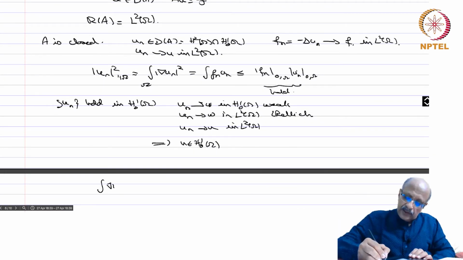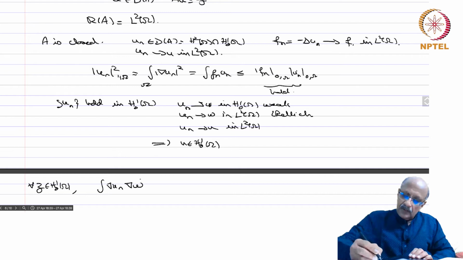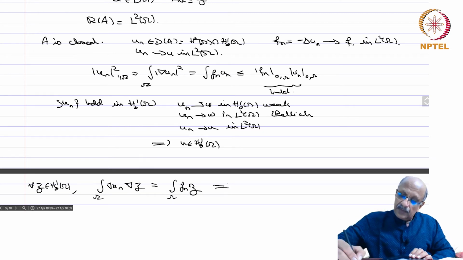Now the integral of grad un grad z for all z in H1 0 of omega equals the integral of fn z, and this implies that the integral of grad u grad z equals the integral of fz.